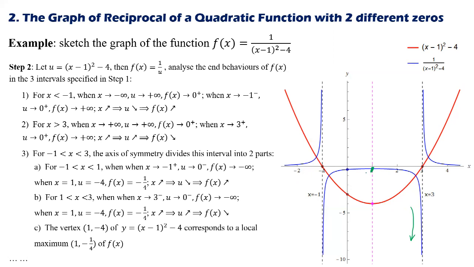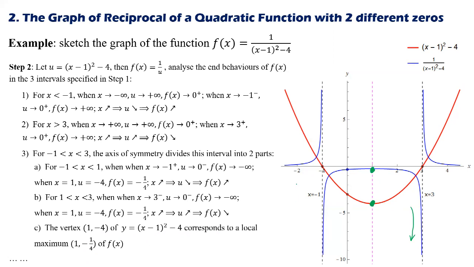So by having a look at the two branches in the middle, we can conclude that this point here is actually the local maximum point, right? Which corresponds to the vertex here, right? So that means the vertex (1, -4) of the denominator corresponds to a local maximum (1, -1/4) of f(x).